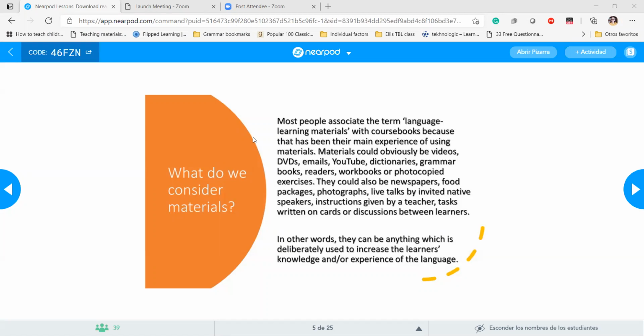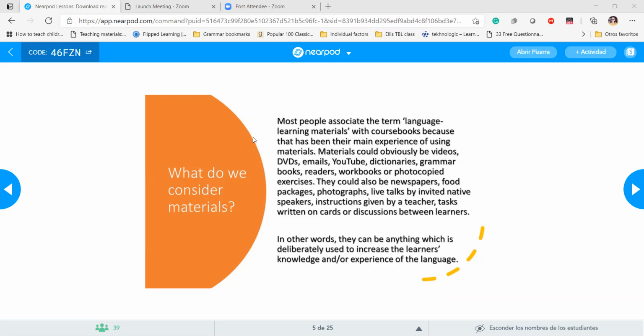So, as I said, anything that you can think of could be a material. Let me hear you. Let some of you open your microphones and think of something unusual that you think could be a material in a language classroom. Let's talk about that.